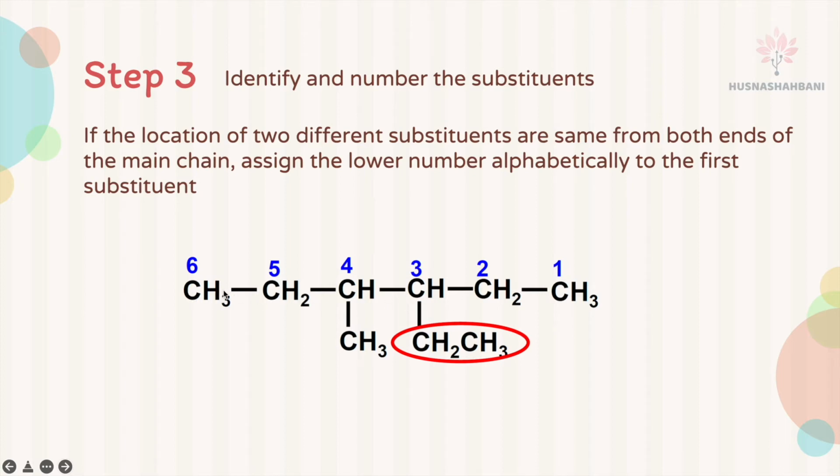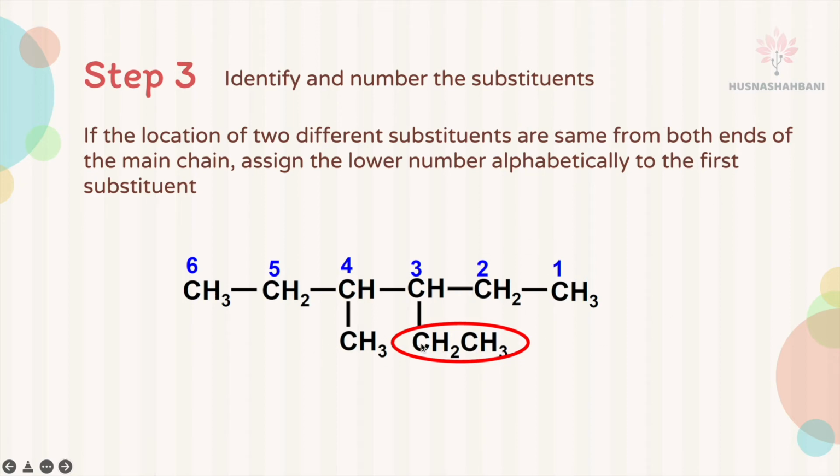The longest carbon chain is 6, so the name of the parent is hexane. Start counting from the right, because for the name of the substituent we have to follow alphabetical order. If you start counting from the right, 3. If you start counting from the left, 1, 2, 3 as well. So 2 different substituents, same from both ends.